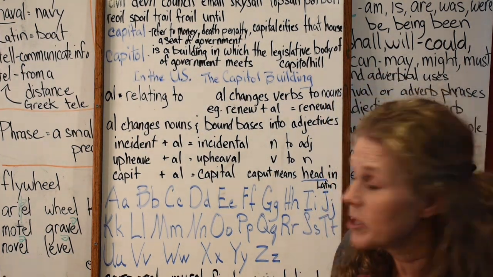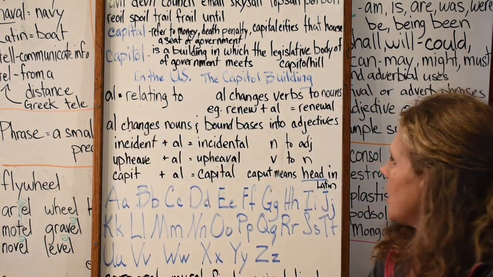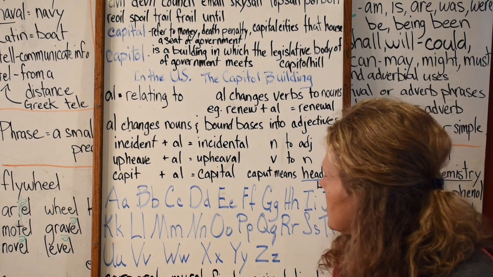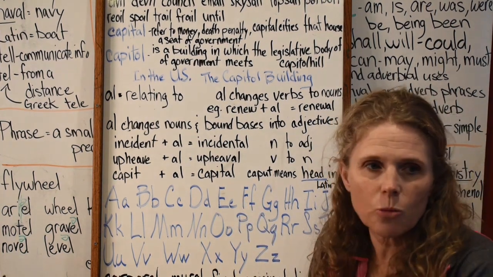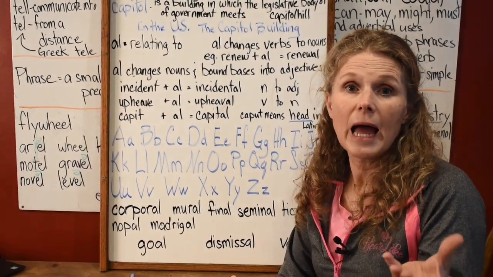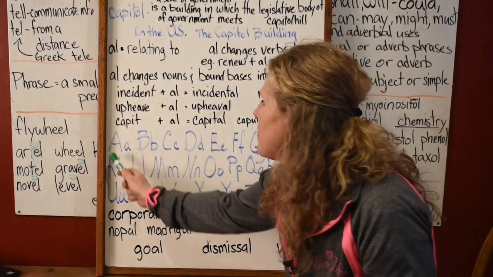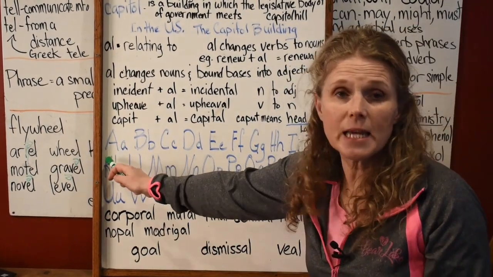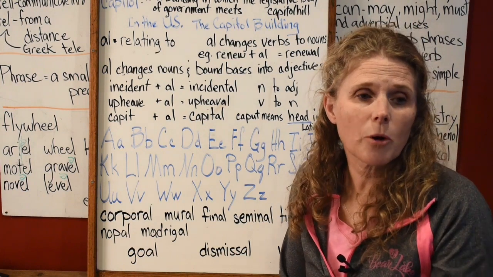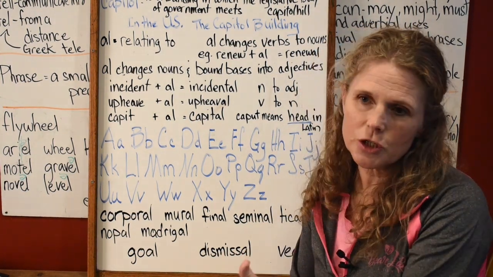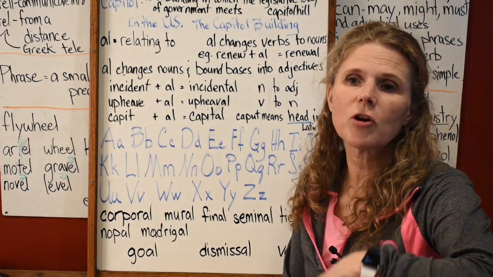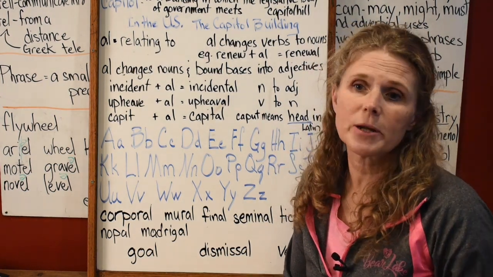Also, look what's really fun and interesting. So we have capital letters. And if you think about our capital letters, where do they belong? Where do you see them? At the beginning of sentences. They are at the head of the sentence. Where else do you see them? Proper nouns. So we have common nouns like boy, and then we have proper nouns like Daniel.